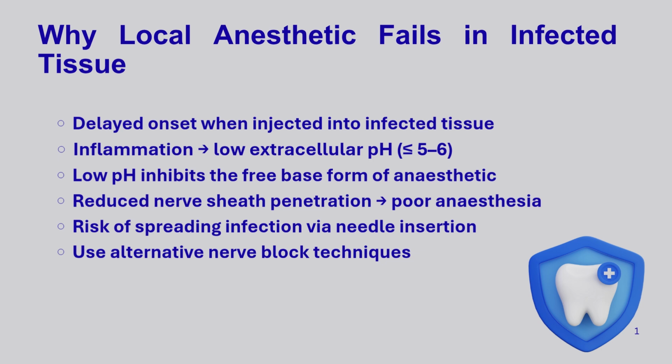So there will be a reduced nerve sheath penetration by the anesthetic agent, and that results in poor anesthesia. There is also a risk of spreading the infection when we insert the needle. So in these cases, if you have inflammation, you may want to consider an alternative anesthetic technique like the nerve block.